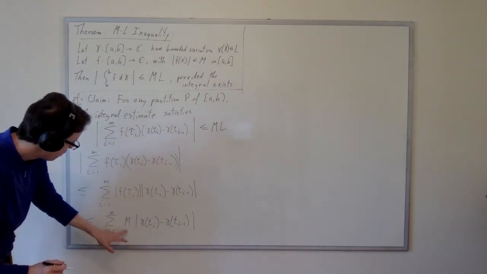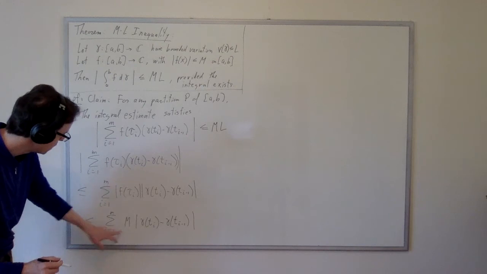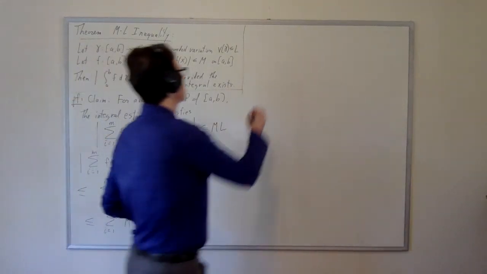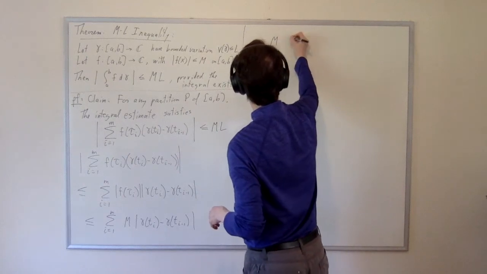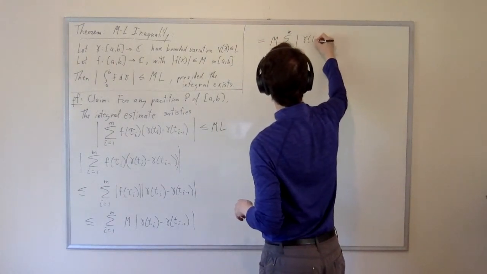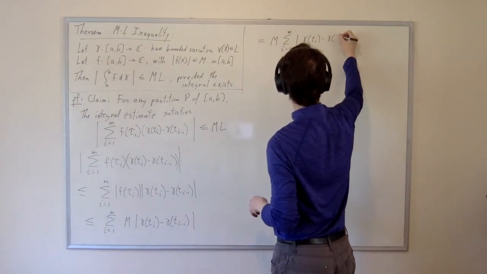Now that these have been bounded above by a uniform value M that doesn't depend on the summation index i, that M can be factored out. And so this is actually equal to M times the summation of the modulus of γ of t_i minus γ of t_{i-1}.